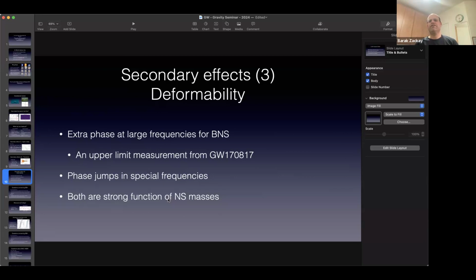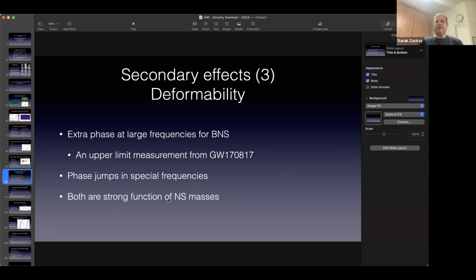And if you have something which is heavier, even closer than 1708-17, then it will not deform. The deformability will happen at some frequency, 3000 hertz or something, and you will not measure it.